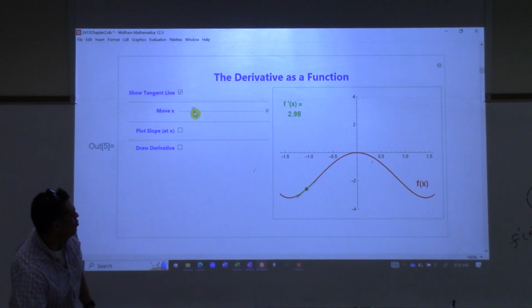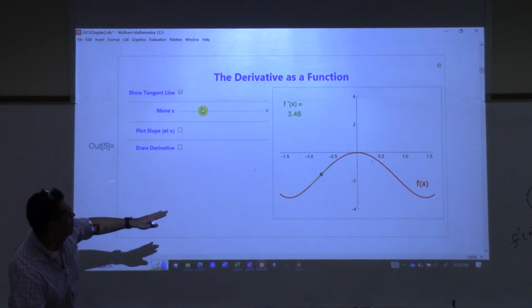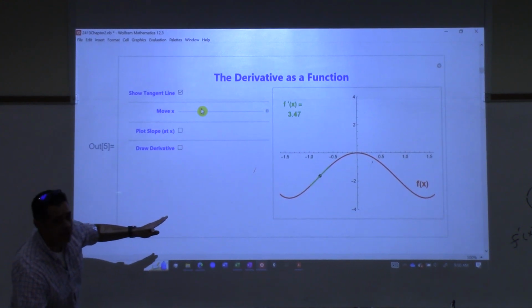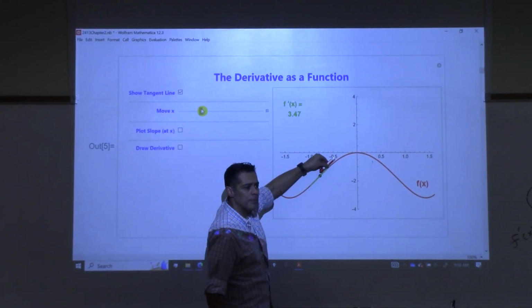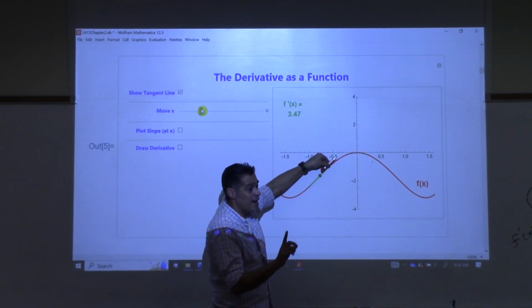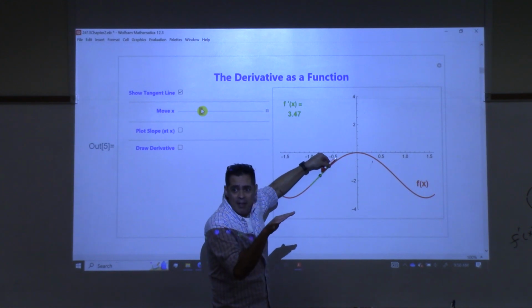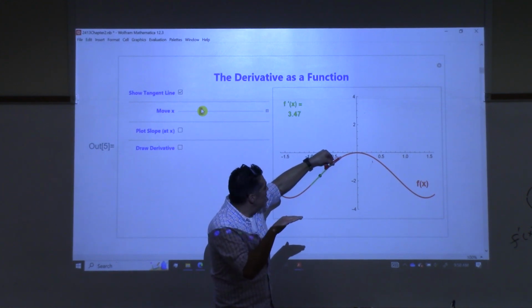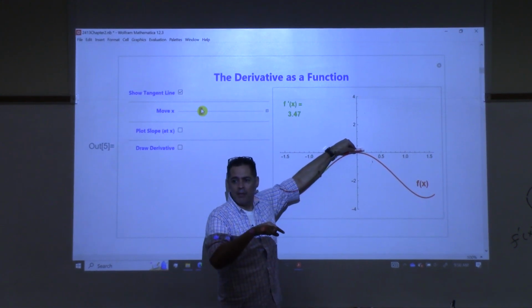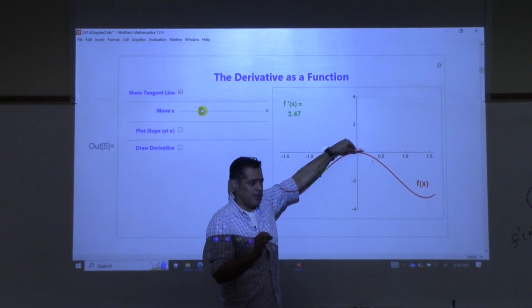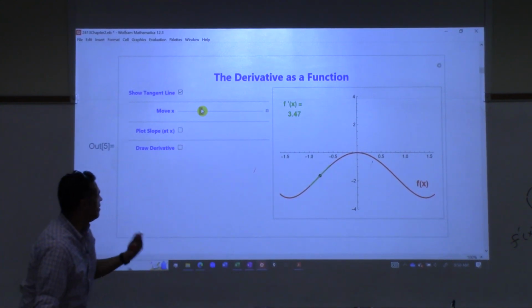Then we get to this weird point around here, about 3.4 or 3.5. What's going to happen if I keep moving to the right? It's still positive, but it's going to start getting smaller again, until I get to this top point, and then the derivative there is 0. See that?